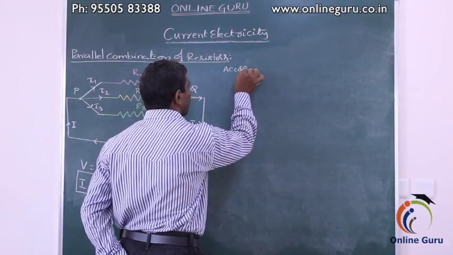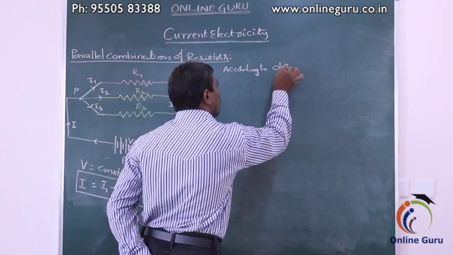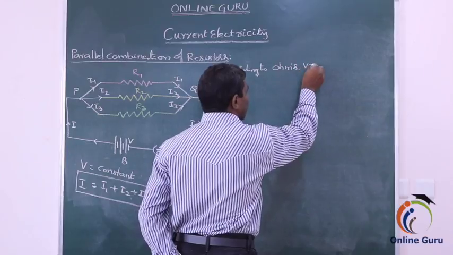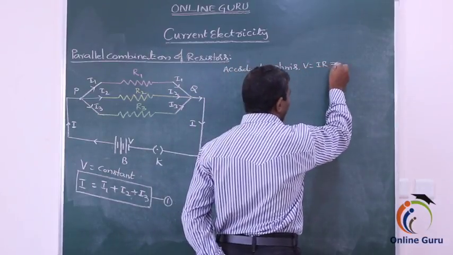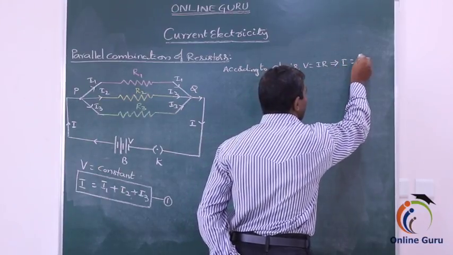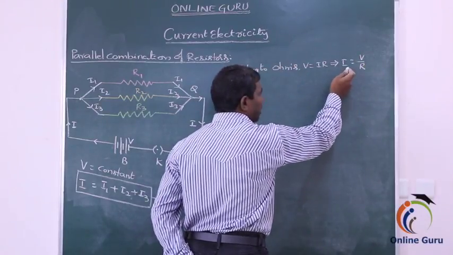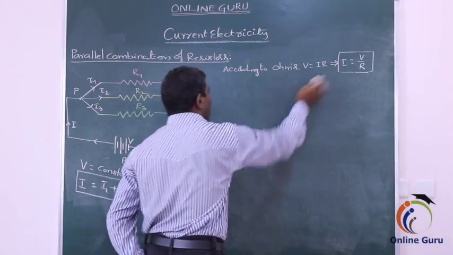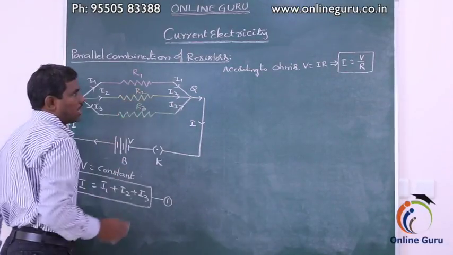According to Ohm's law, V is equal to IR. From this equation, making current I the subject, we can write I is equal to V by R. This equation we can apply for all the three resistors R1, R2, R3.